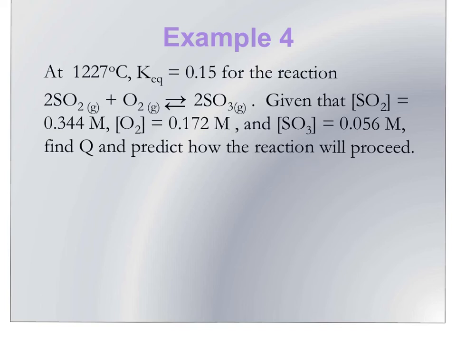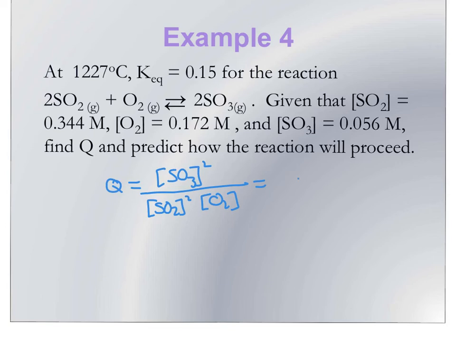So first step is write your Q expression. So my Q expression is equal to the concentration of SO3 squared over the concentration of the SO2 also squared times the concentration of O2. Then, because they asked to find what Q is, we are going to plug in our numbers.